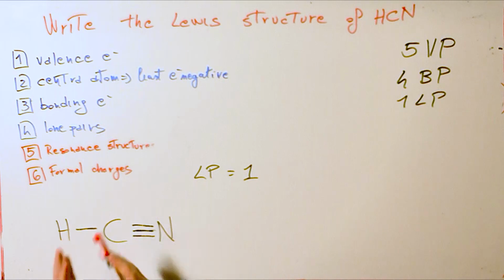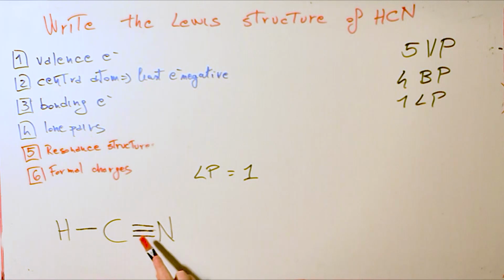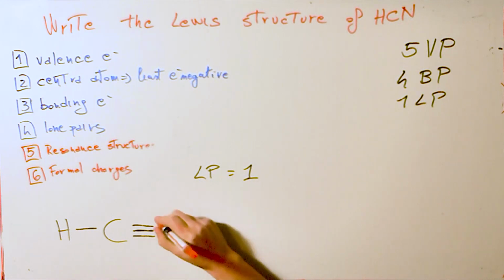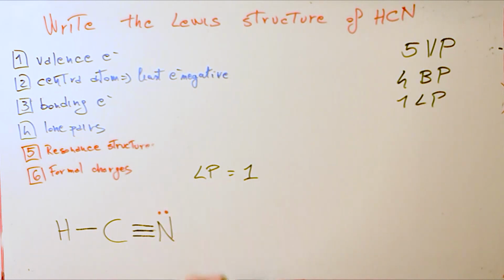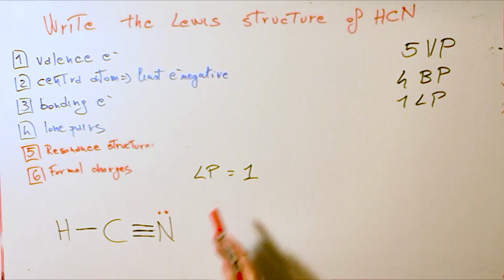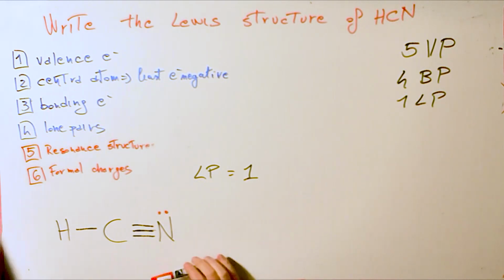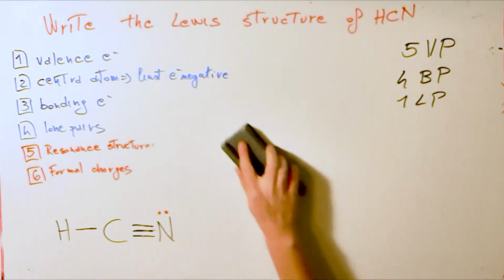So carbon is now stable. The only thing that hasn't reached stability is this nitrogen, because this nitrogen has 2 plus 2 plus 2, which is 6 electrons around it. It needs 2 more electrons to reach the octet. 2 electrons equal 1 lone pair, and so we are done.